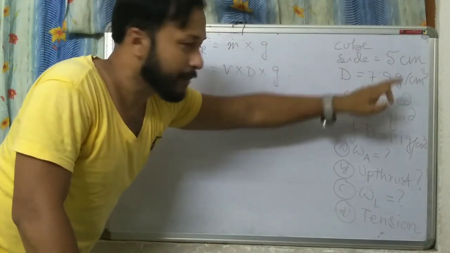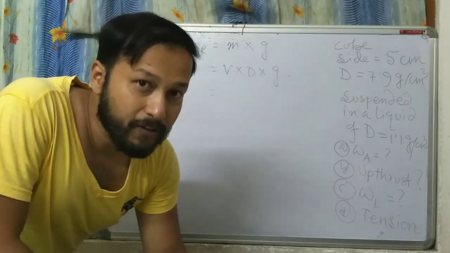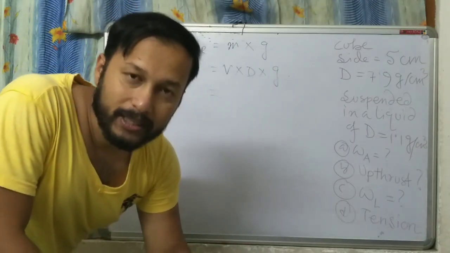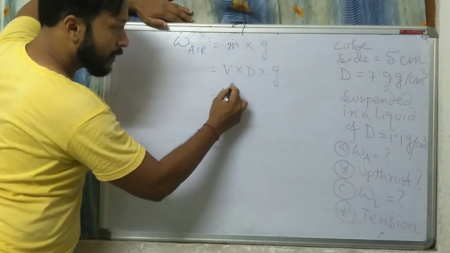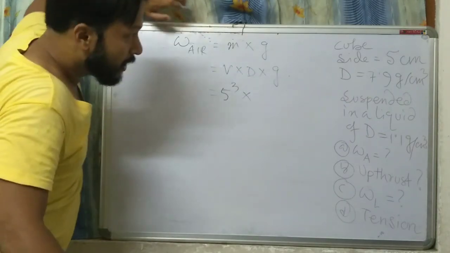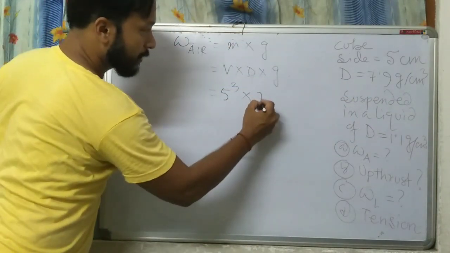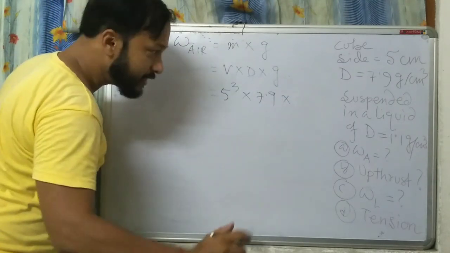Side is 5 centimeter. What is the formula of volume of a cube? Side cube. That is 5 cube, into, what is the density of the cube? It is 7.9. 7.9 into gravity.